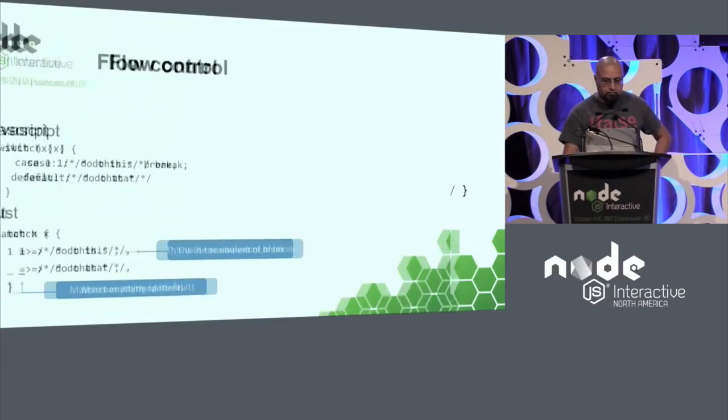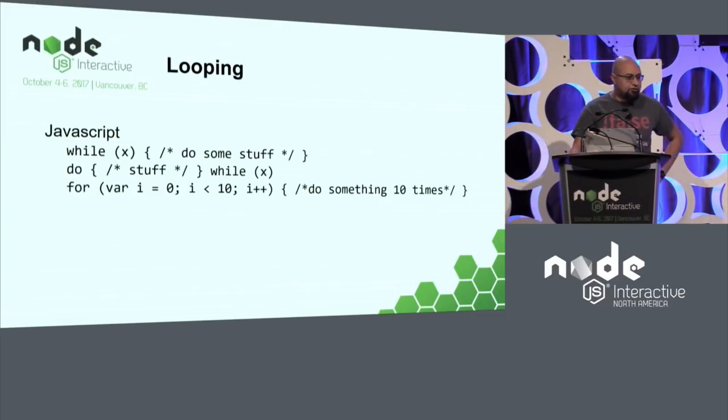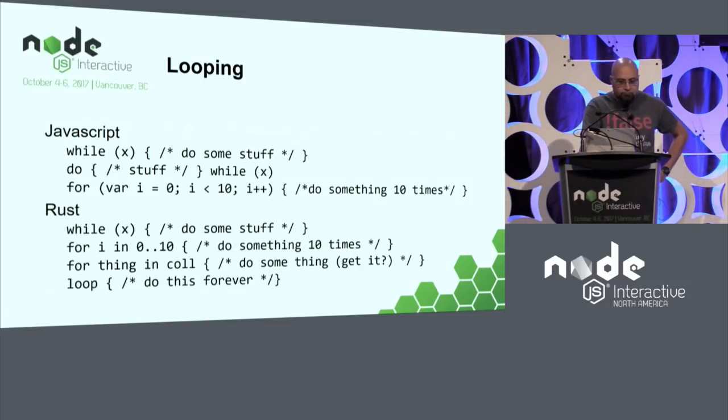So looping in JavaScript, we have while, do, and for. Very similar in Rust. We don't have a do while in Rust. We only have the while loop. We have for, but for isn't a counter. It's more of a collection. Like I'm going to take one of each.